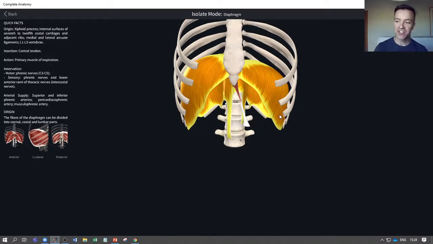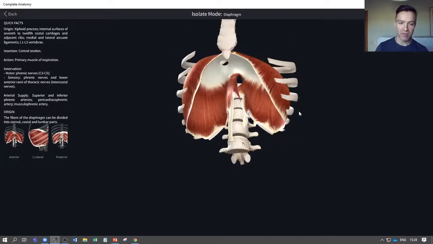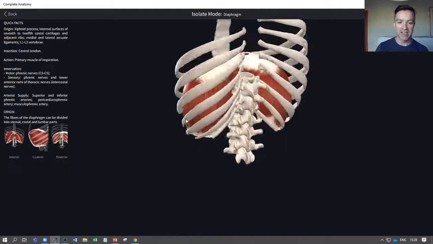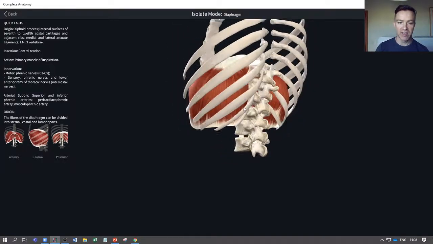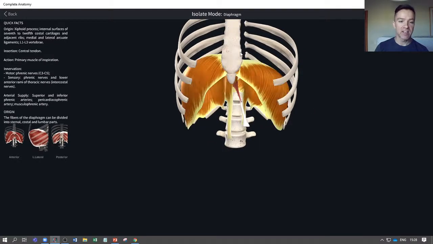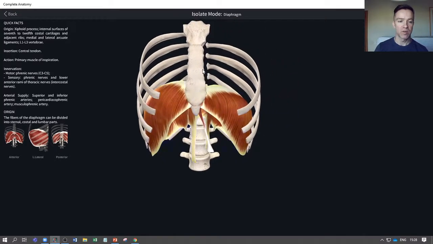and it also attaches onto the internal surfaces of your ribs. So we can see again on the inside of these ribs there'll be a site of attachment, and it also attaches at the back to some of your vertebrae. What the diaphragm does is it is the muscle that is responsible for assisting with breathing.